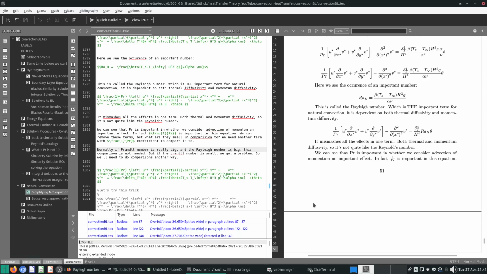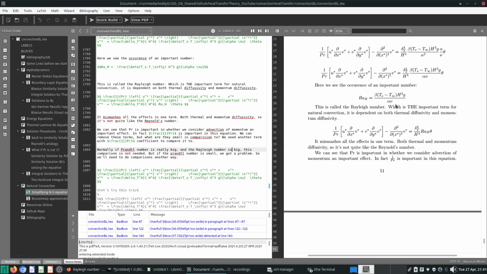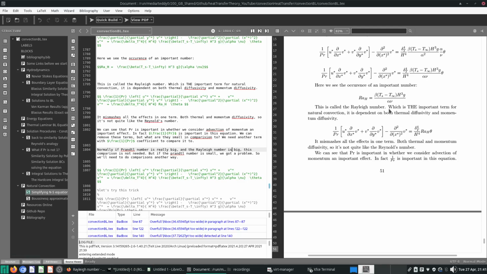Okay, so instead of timescales, we can equivalently take the inverse, and we can say it's the rate of thermal transport via convection versus the rate of thermal transport via diffusion. So you can see the diffusion terms are at the bottom, alpha and nu. The terms for the rate of thermal transport are on top, which talk about thermal advection, via advection or convection.